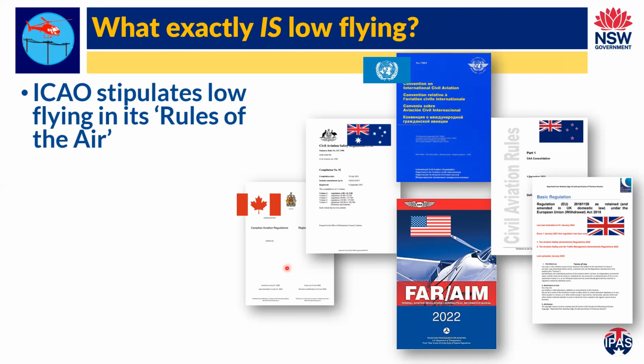And in America, we have the Federal Aviation Regulations. If you do a comparison of the wording on all their rules on low flying, they're almost exactly the same across the board with some minor differences. So I could be an American pilot, come to fly in Australia, and the low flying rules are almost exactly the same as back in the United States. More or less.